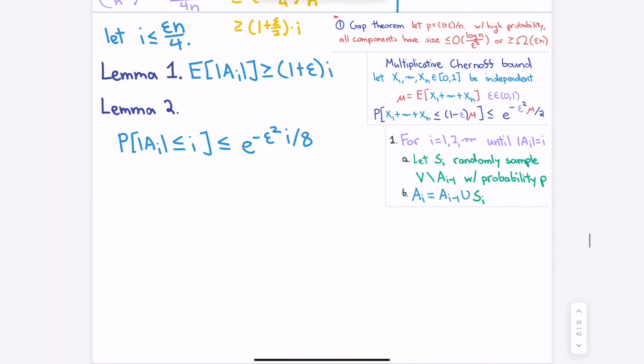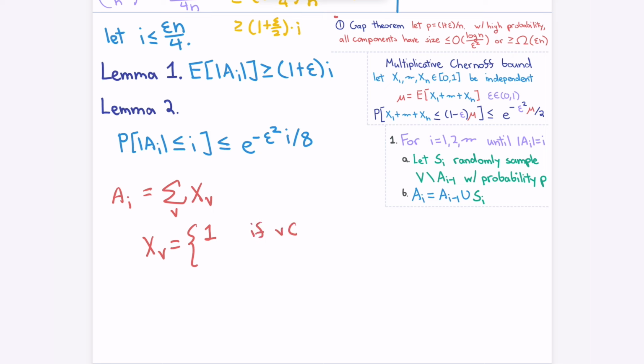Yeah, okay. So what you can do is think of AI as the sum over all these vertices of xv, where xv is equal to 1 if the vertex is in AI and 0 otherwise, or if it flipped heads or not. And these are all independent.